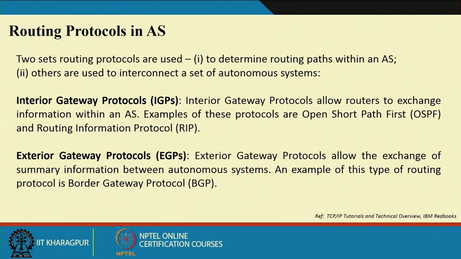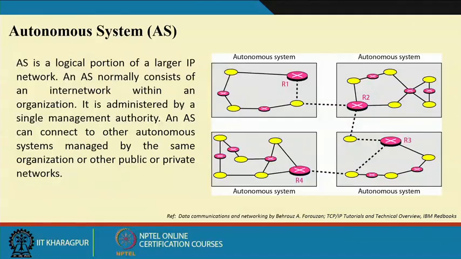If we look at the routing protocols at the autonomous systems, as we have discussed, 2 sets of routing protocols are used. One is to determine the routing paths within the AS, that means the routing which will be done within the AS.